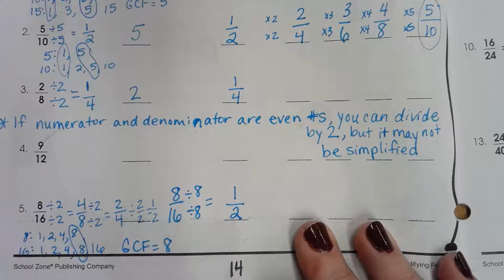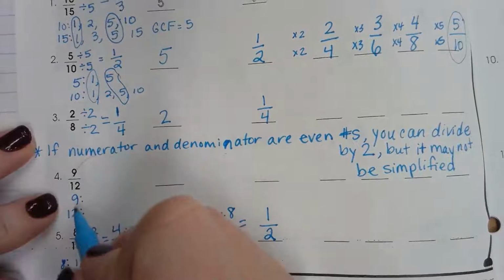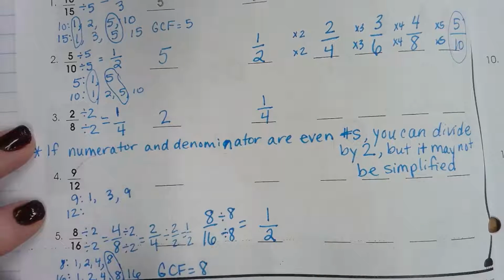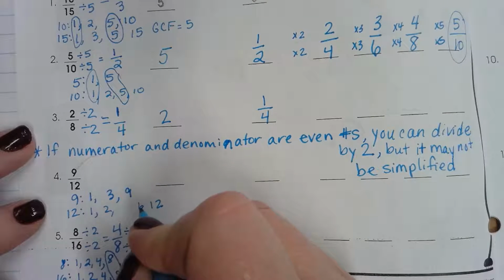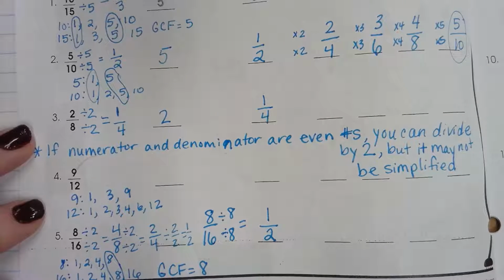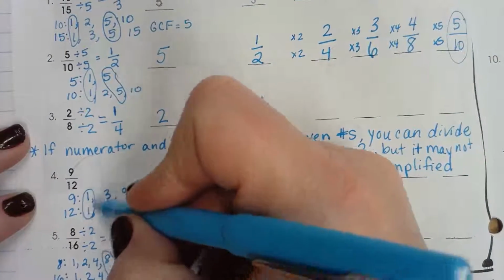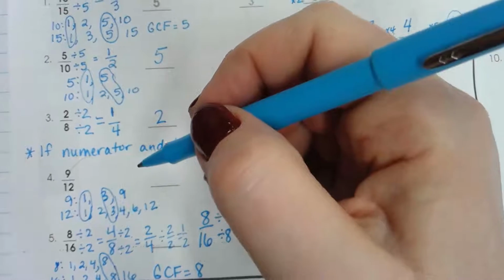Okay. Let's try 9/12. Let's see if we can find our greatest common factor and use that. So we have 9/12. 1 times 9 and 3 times 3 are my factors of 9. For 12, 1 times 12, 2 times 6, 3 times 4 are my factors of 12. So what is the greatest they have in common? They have a 1, a 3 in common, right?